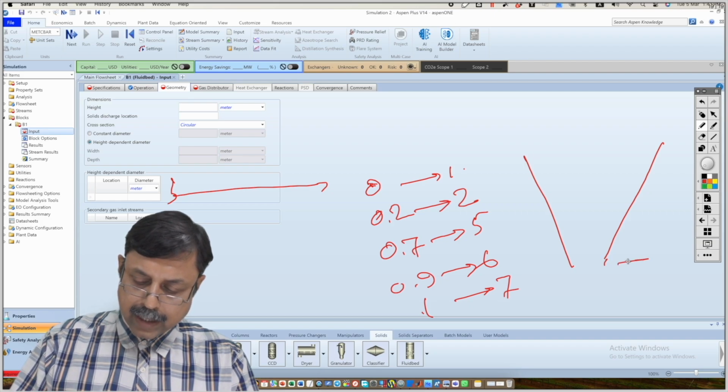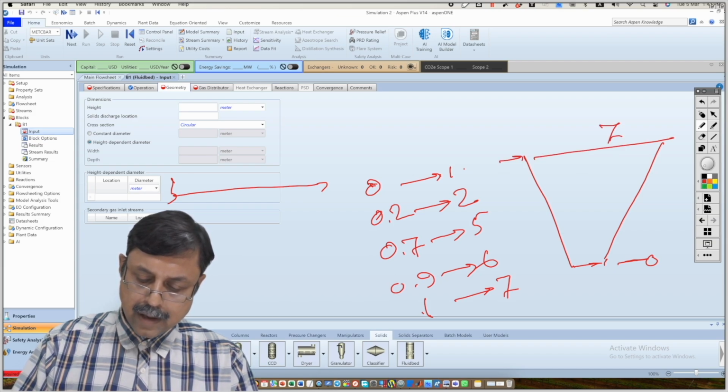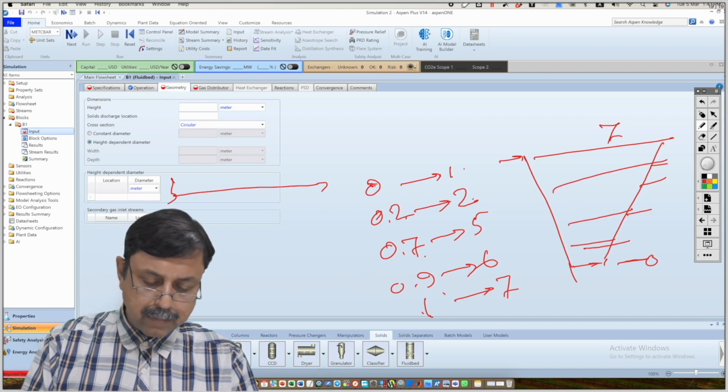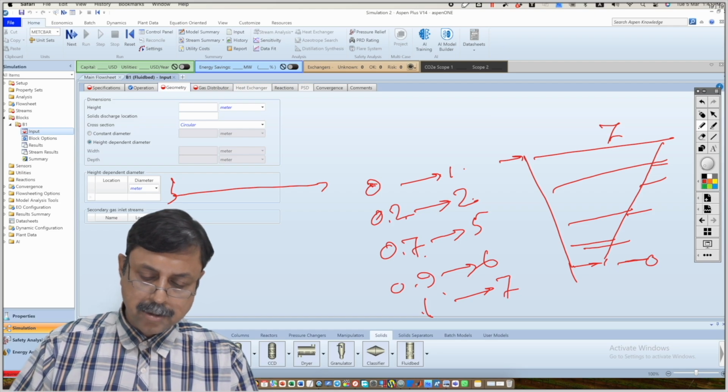At location 0, it is 1, and at location 1, it is 7. And depending upon 0.2, 0.7, 0.9, wherever it is, the diameter increases from 2, 5 to 6, like that. That's what it means, the height dependent diameter.